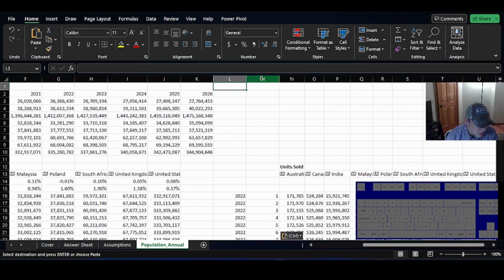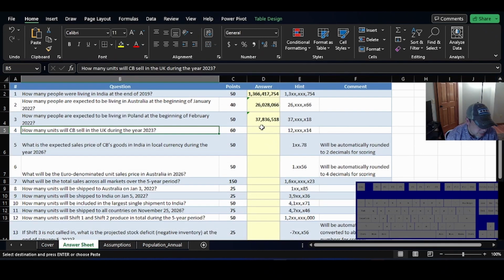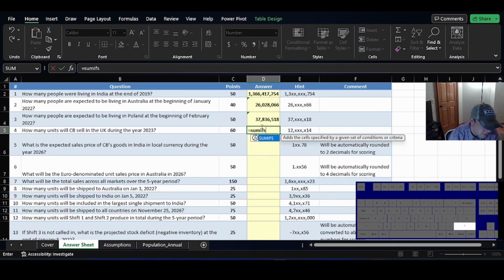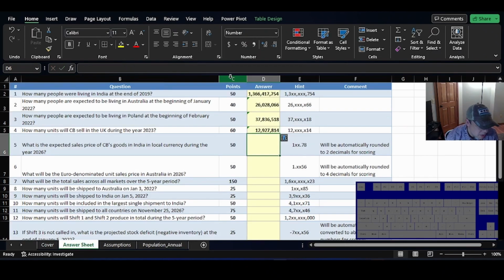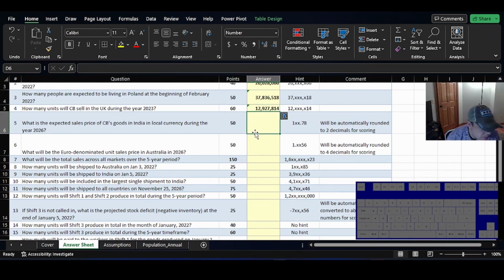All right, so that's going to be equals SUMIFS. So there is what we're going to sum up, and then there, and 2023. There it is. Boom. Looking good so far.